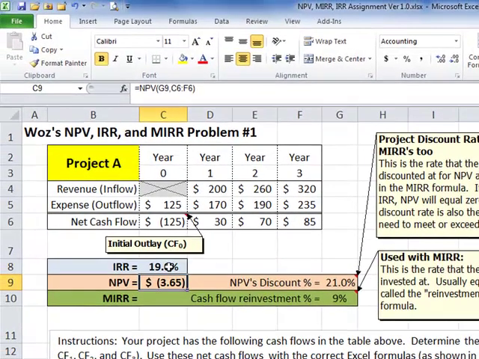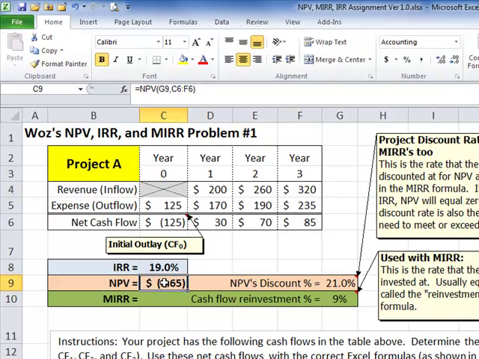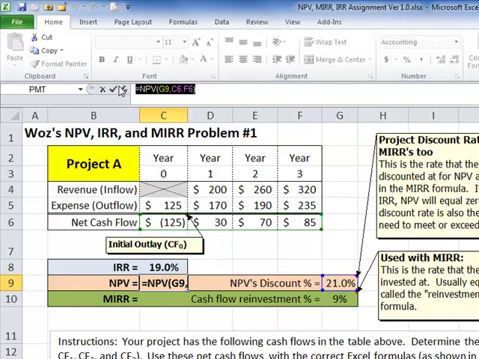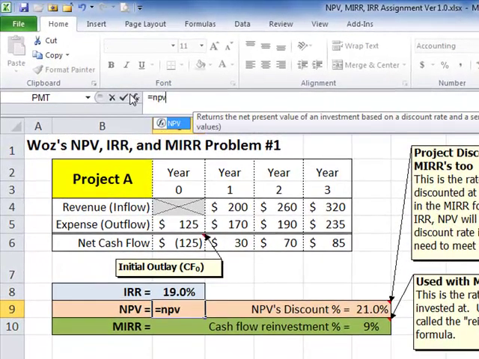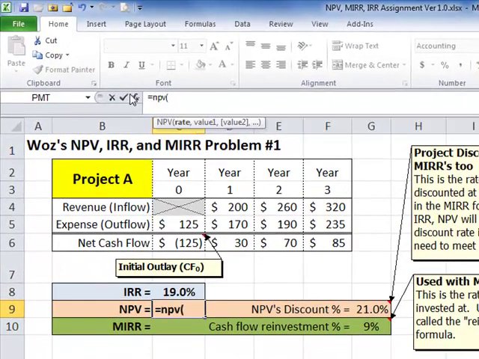What you have to do is this. Let's go back and start it over from scratch just for the benefit of allowing you to see what I'm doing. NPV, once again, we're going to go and point to the discount rate that we're going to use, put a comma in.